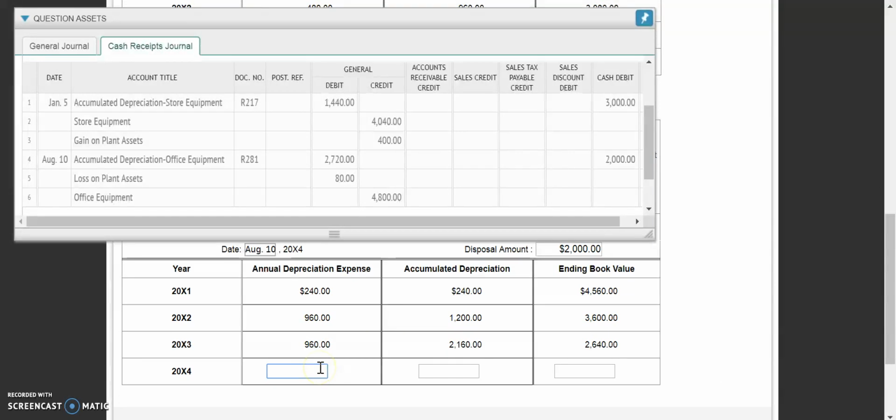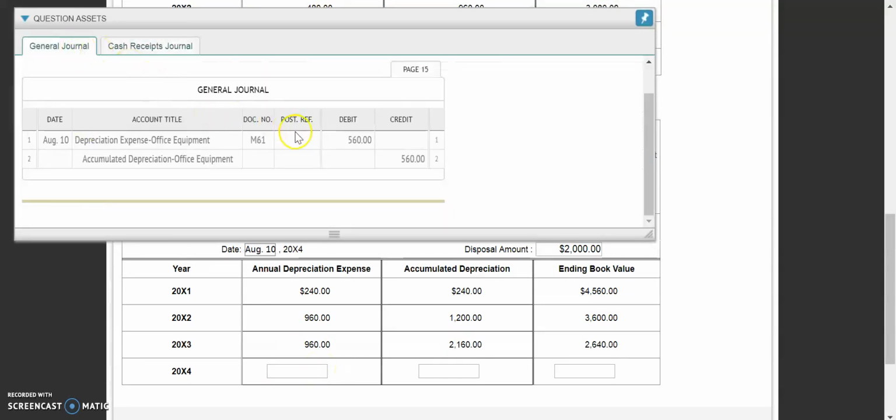So we have, if you remember, that $560. This one needs to get updated. So we put that in here, 560, which brings our accumulated depreciation up to 2,720 for an ending book value of 2080. So like I said, kind of frustrating that they didn't actually have this on our second step because it would have been really helpful.